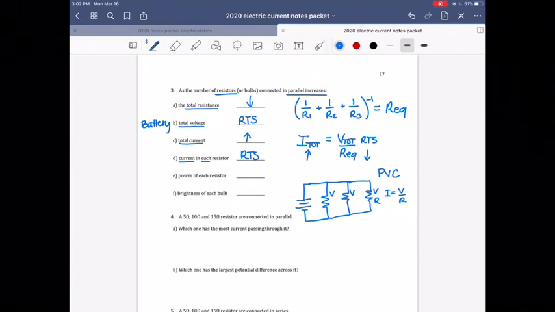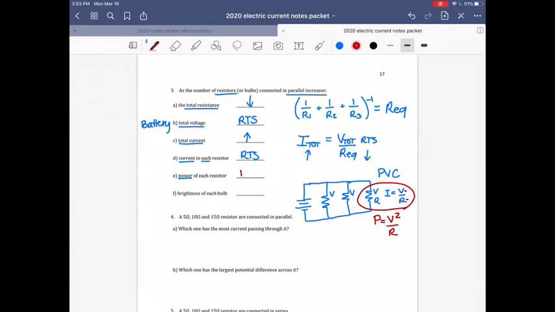All right, the last two, the power to each resistor. What would happen? Well, we would think about what I just said in the last example. If we look at the individual resistor, voltage remains the same, resistance remains the same. So if we think about maybe this equation for power, power is V squared over R, both those things remain the same.